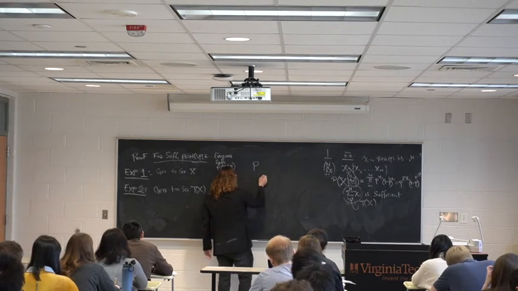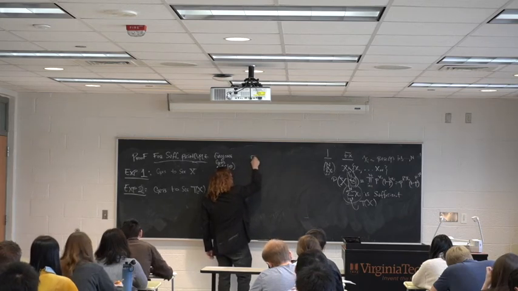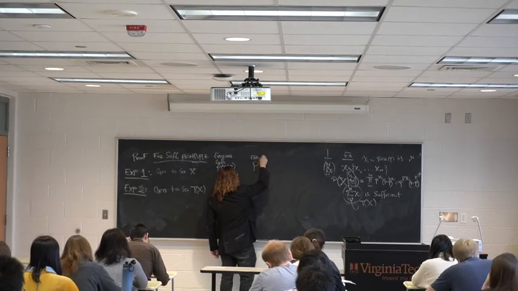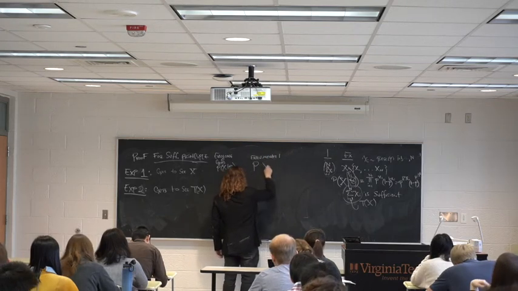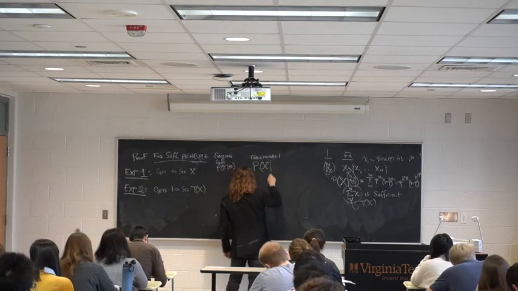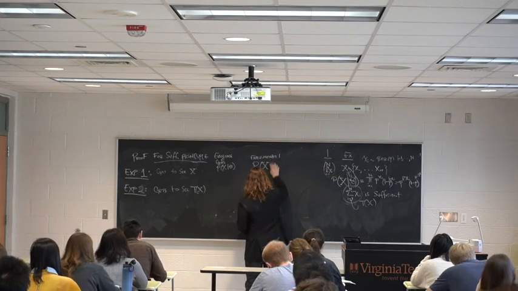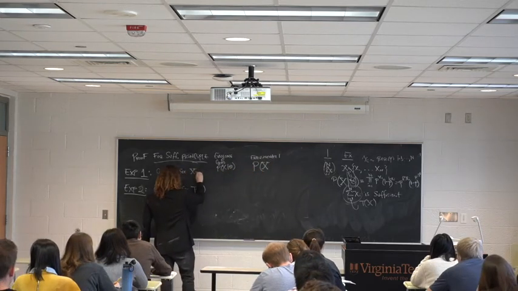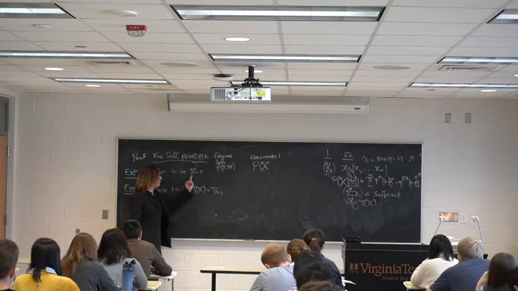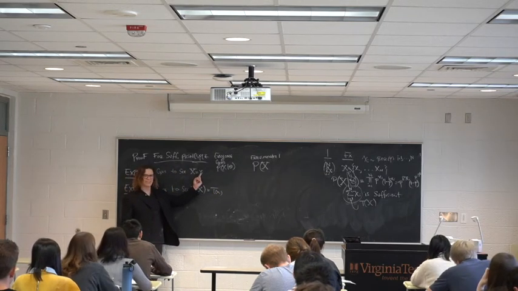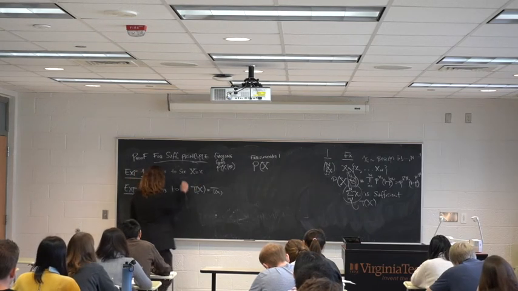So, experimenter 1 gets this thing. Oh, and they also get to see the actual realization. I'll be real clear about this. This is the random variable. This is the instance, what they actually see.